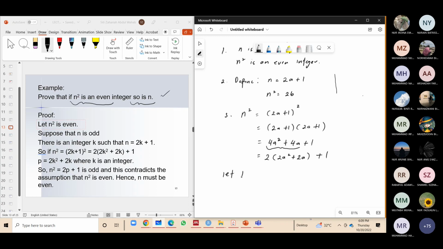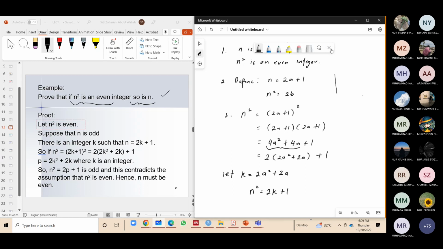Then let k equal 2a square plus 2a. So our equation n square equals 2k plus 1. 2k plus 1 is an odd number.